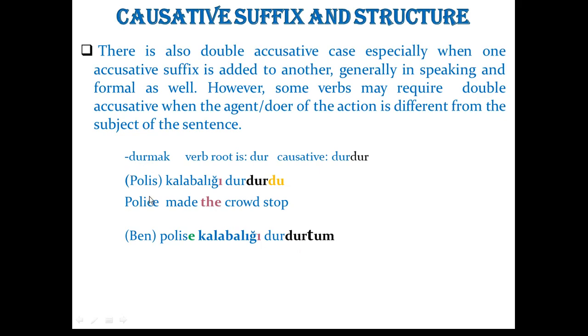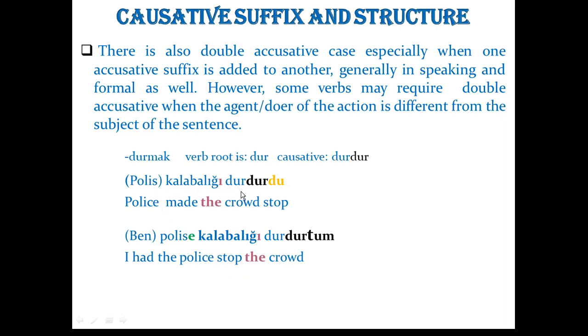Here the police is the subject of the sentence, but this time I is the subject of the sentence and the doer of the action is different from the subject ben this time. So this translates into English as I had the police stop the crowd.